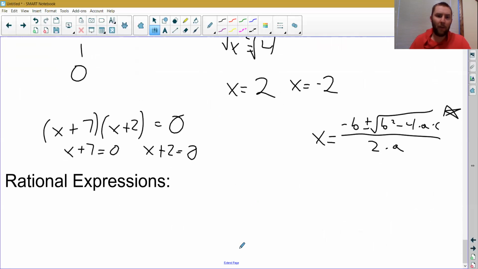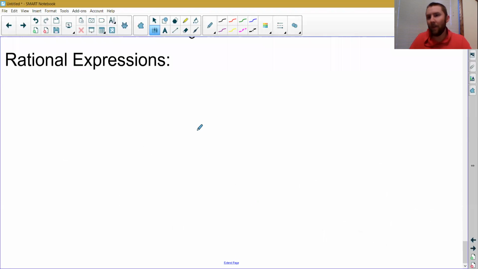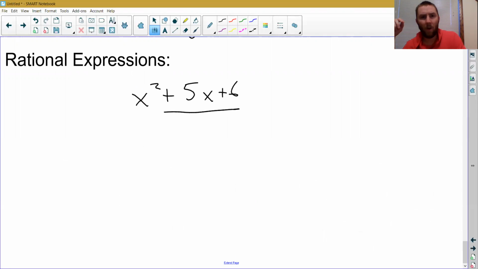And then, of course, the final thing, a quick end of the year thing that we did, was rational expressions, where we had these quadratic pieces sometimes in fractions, right? We had x squared plus 5x plus 6 over x plus 3, or maybe even like 3x plus 6 or something like that.